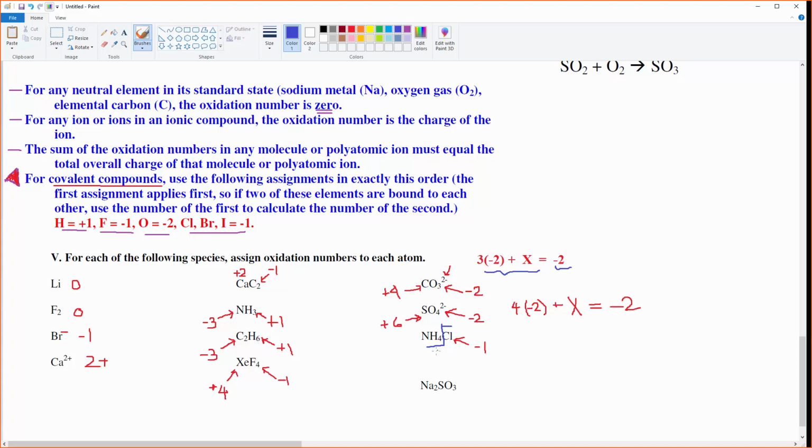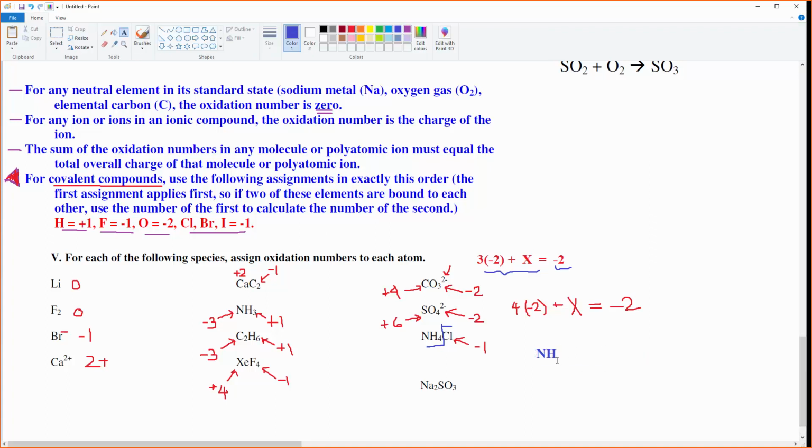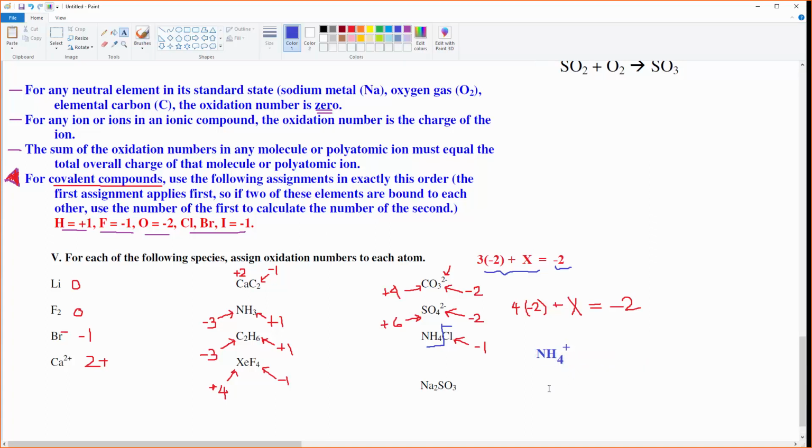Okay. Now for this one, we can do the same thing. We already assigned the chlorine. We can pull this out here, NH4 plus. So the NH4 plus is associated with the chloride. We know what the chloride is, but since there's 3 elements, we kind of have to take it piecemeal.